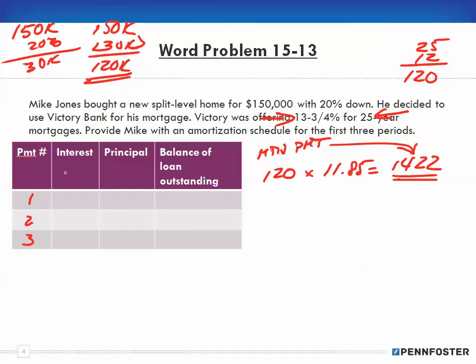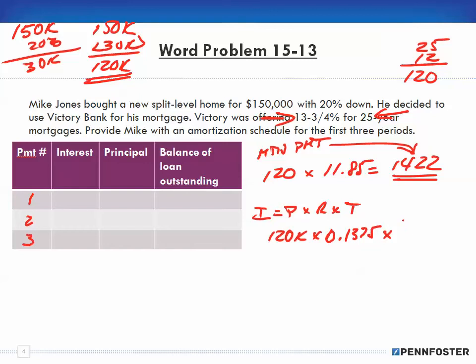Now, the question is, how much of that is interest, and how much is principal? The formula is interest equals principal times rate times time, and we did this in the previous problems. So 120,000 times 13.75%, which is 0.1375 in decimal form, times time.